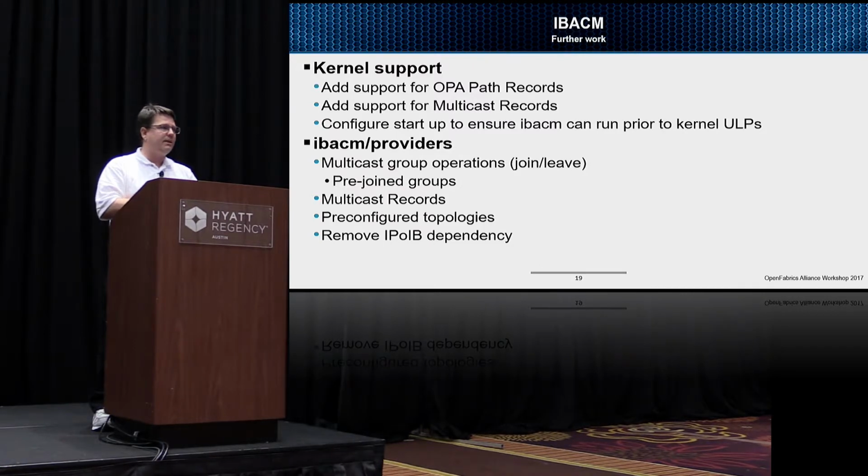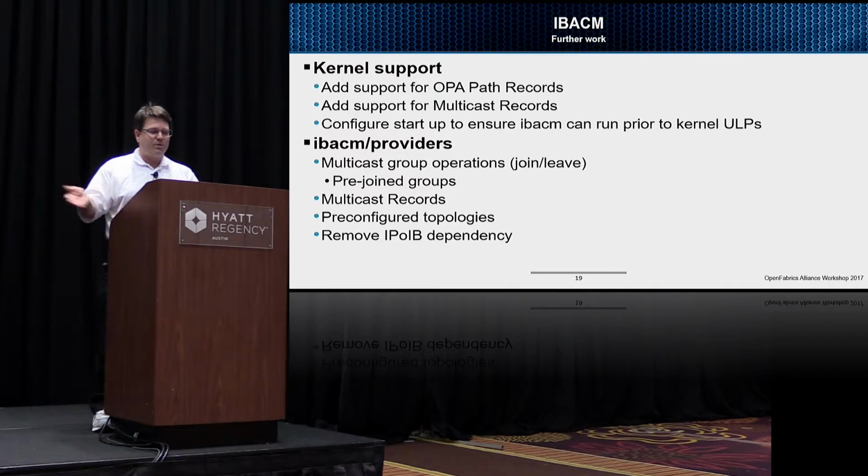So that's the idea here, is precede Ibacm. And again, this gets back to being able to get Ibacm up and running before the kernel's up and running. So now those path records are available almost before the node boots, and they're right there. And we need to look at removing the IP over IB dependency. There are ways to get around this, but it's not really as automatic as it really ought to be at this point.